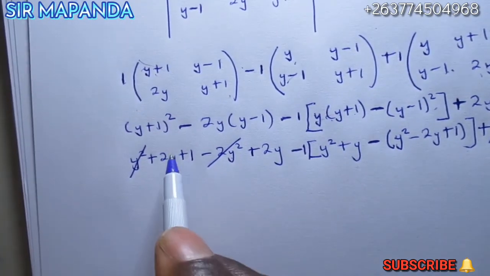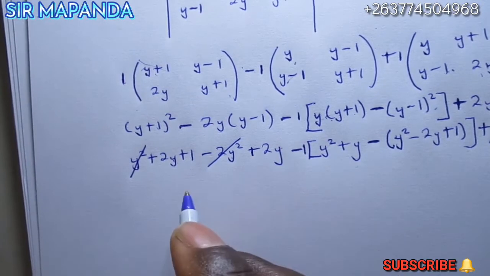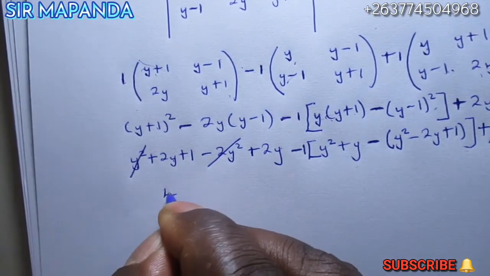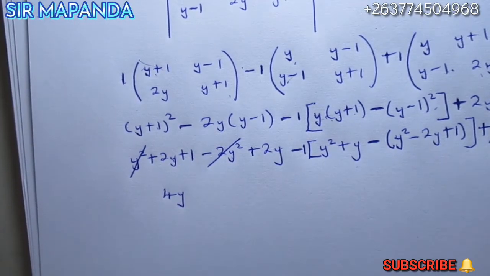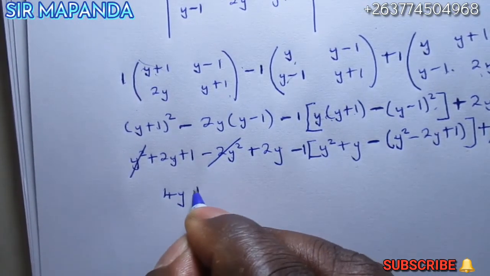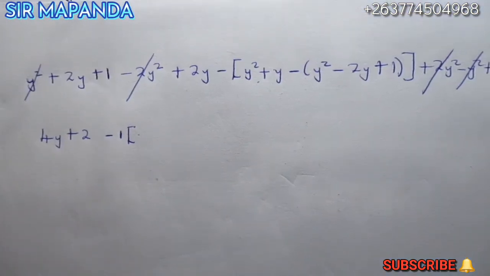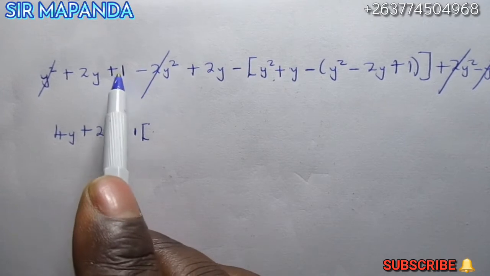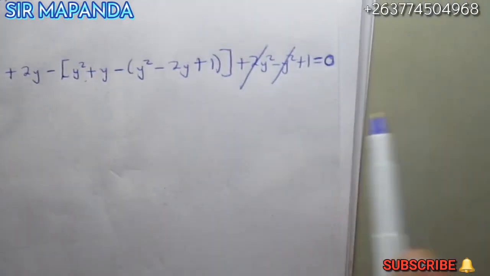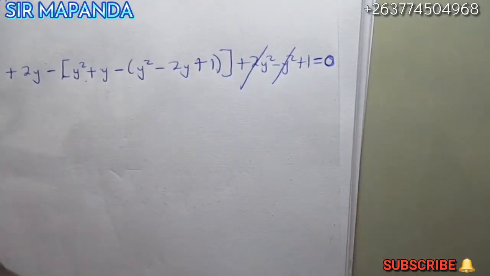So I'm going to be left with 2y plus 2y. You get 4y. Then here we have 1 plus this 1. You get plus 2. Right. So this 2 was obtained by adding this 1, right, with this 1, so that you get the 2.